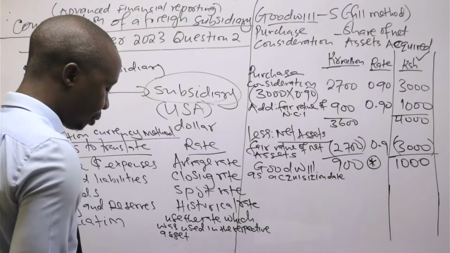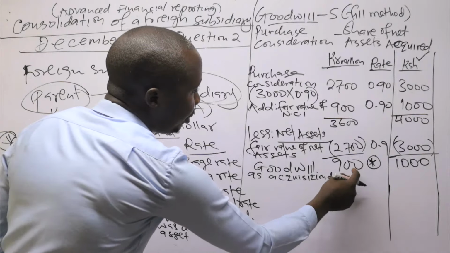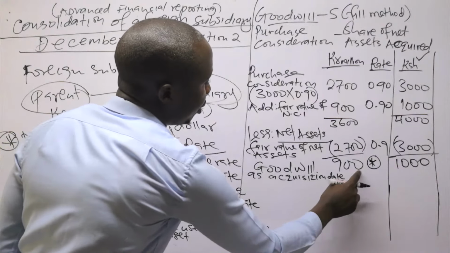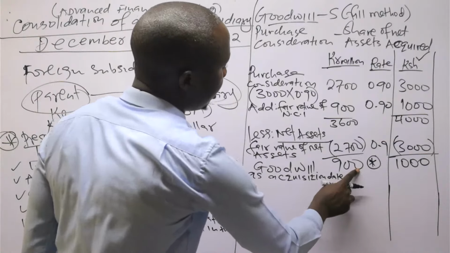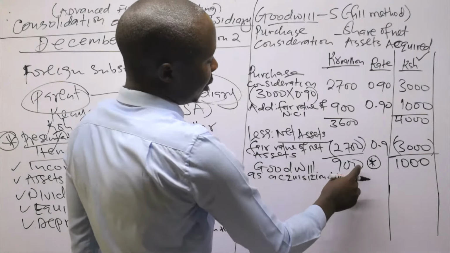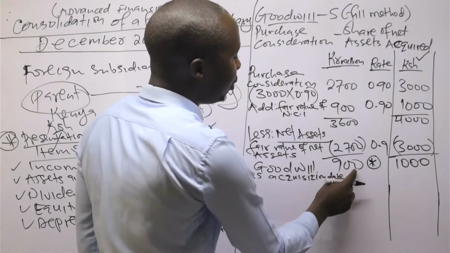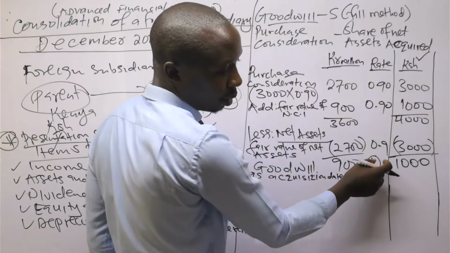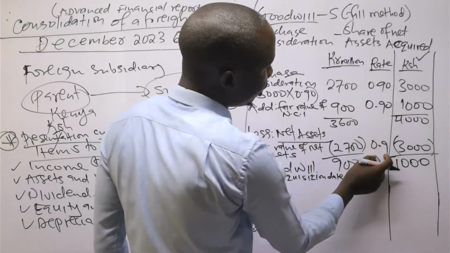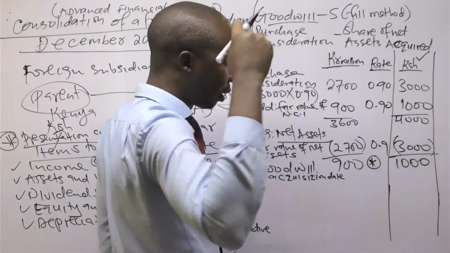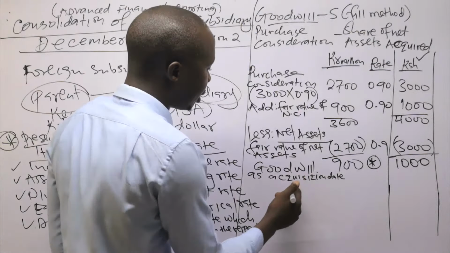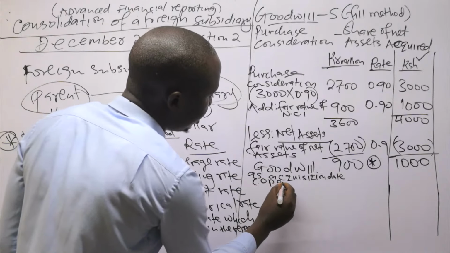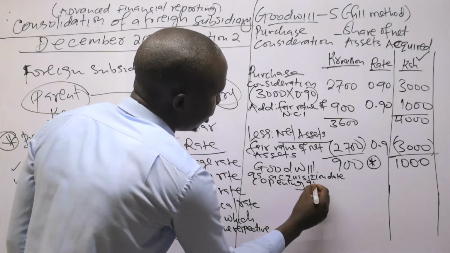For now we have goodwill as at acquisition date. So I will translate this 900 so that I can determine the goodwill as at the closing date. Because the translations I've been using here determine the goodwill as at the time of acquisition, same as the opening goodwill.